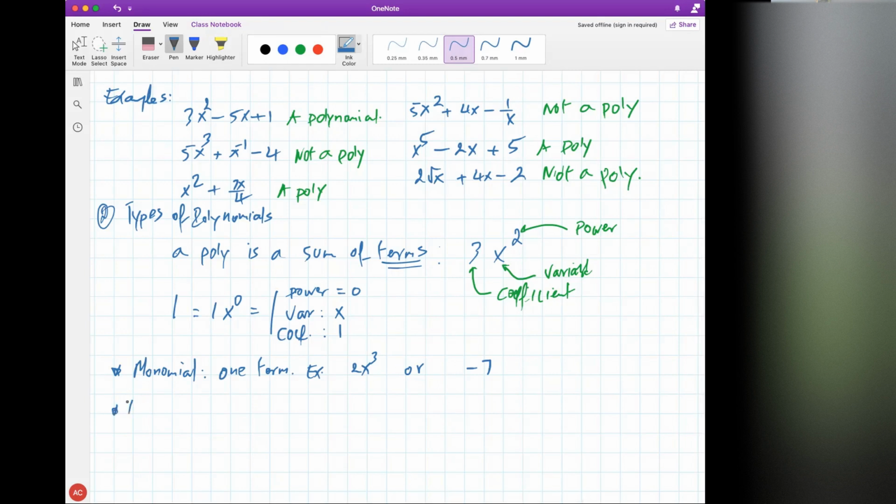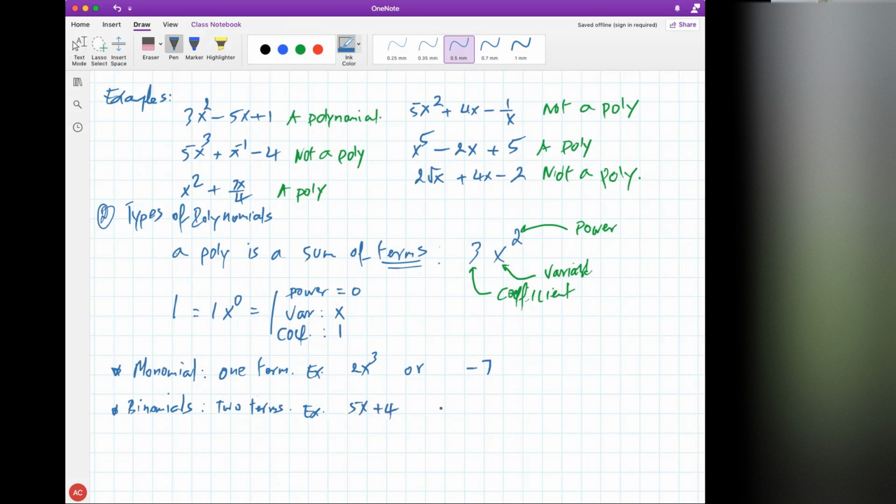The second topic is binomials. So binomials have two terms, obviously. The word bi for two, binomial, or two terms. As an example, 5x plus 4.